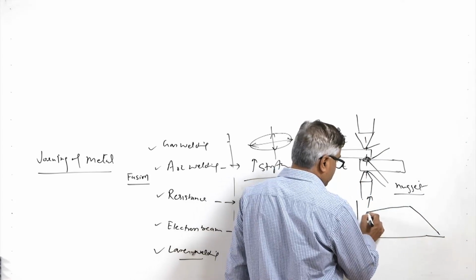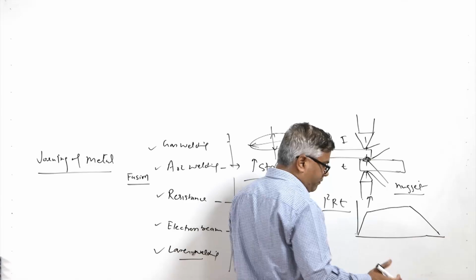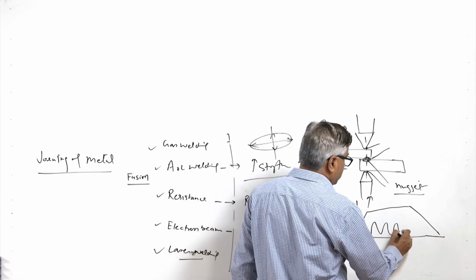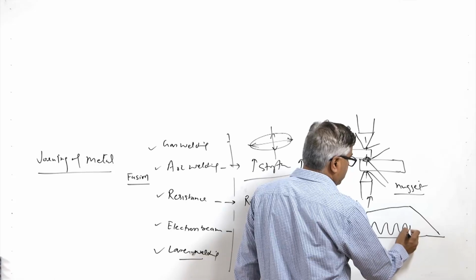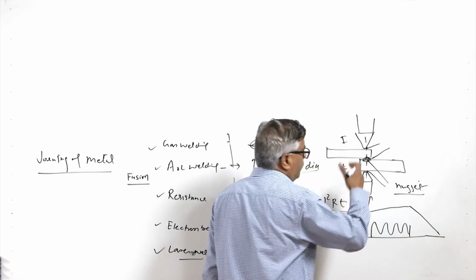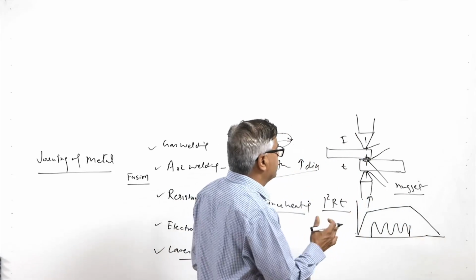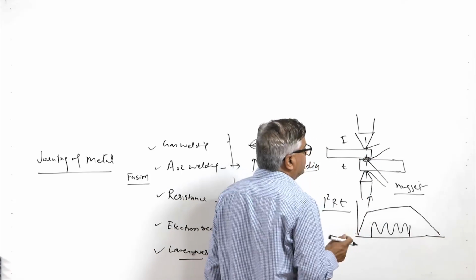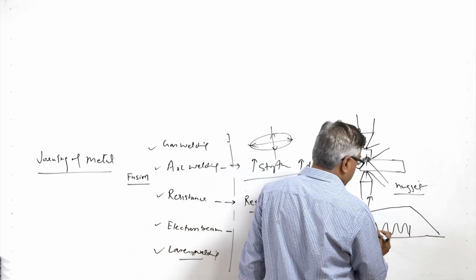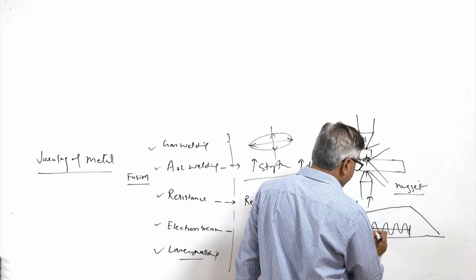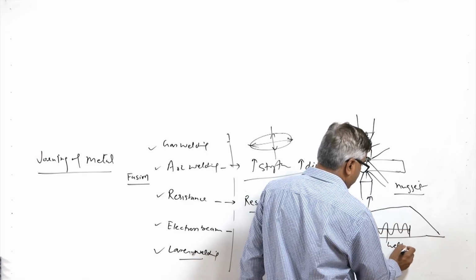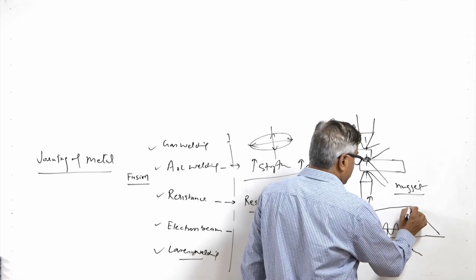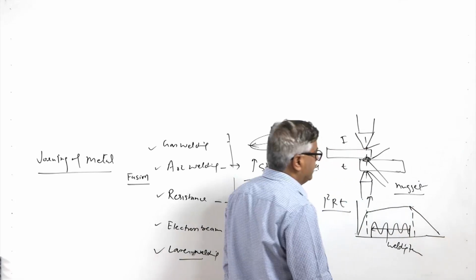Once the plates are firm in contact with the electrode, the flow of current is started so that heat is generated, and then the fusion will take place, and under the pressure in confined conditions, the solidification will take place. So, this is the welding time, and this is the time for which pressure remains constant, and thereafter it is released.